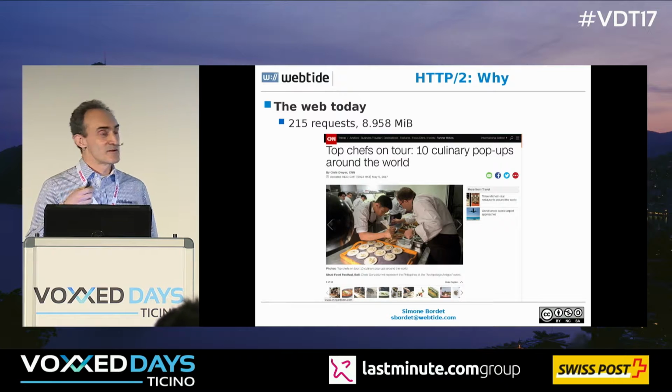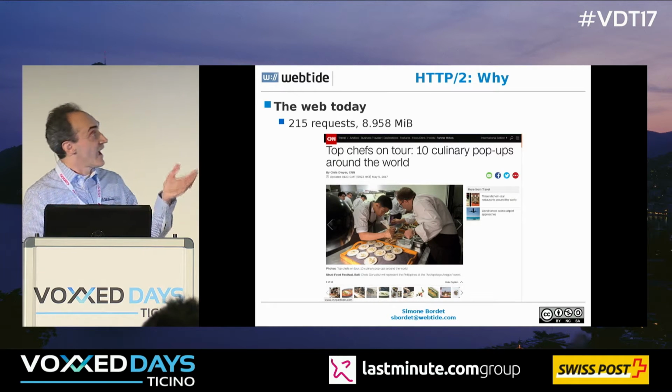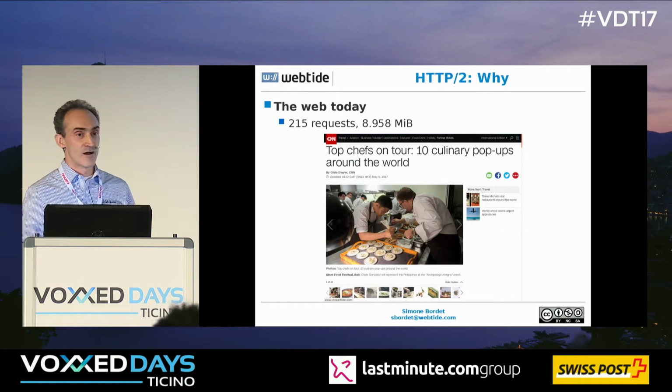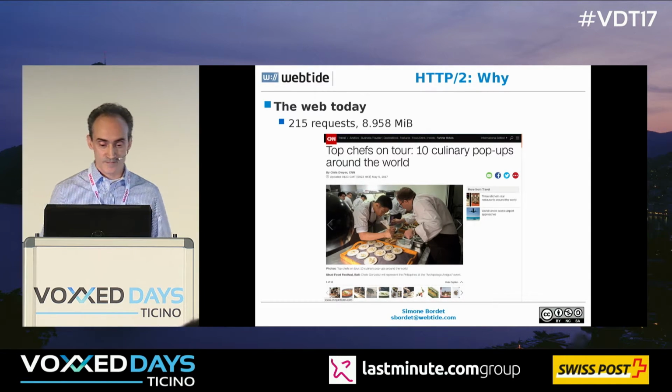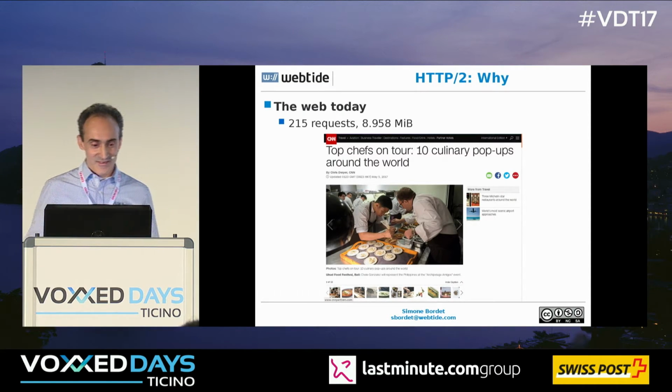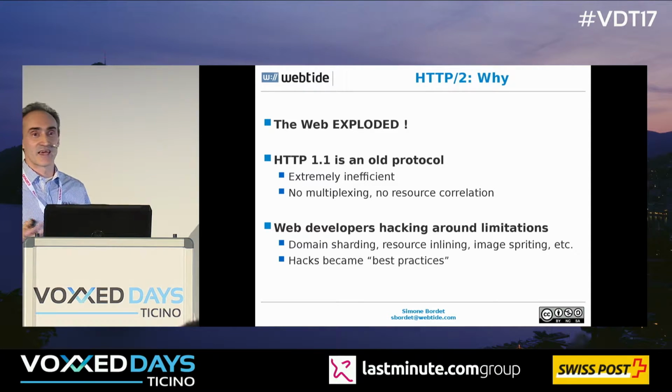It is 200 times more requests just to make up the page. And it is like a gazillion times more data that you have to download in order to get this page right. So what happened? Well, the fact is that the web literally exploded during these 20 years.